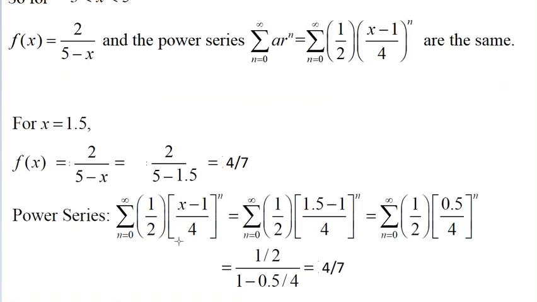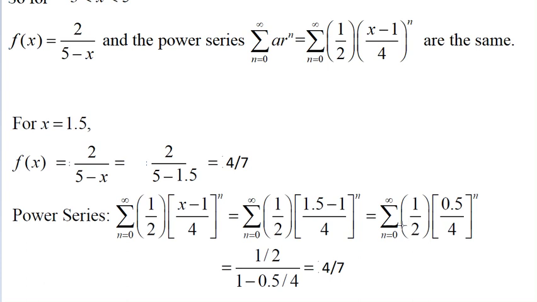For the power series, in the place of x, we have 1.5. 1.5 minus 1 is 0.5.